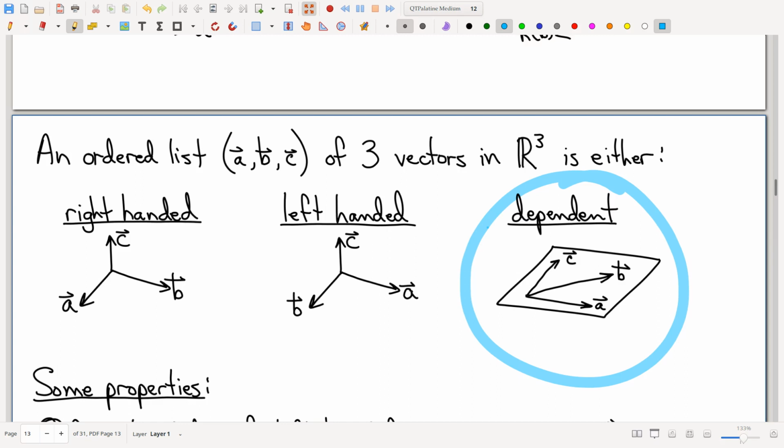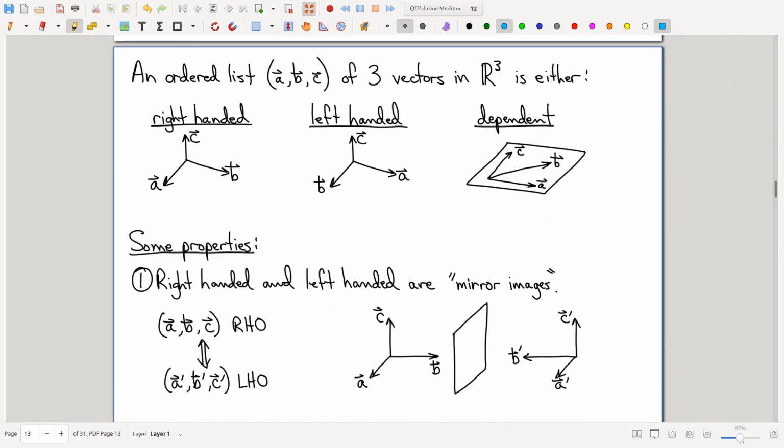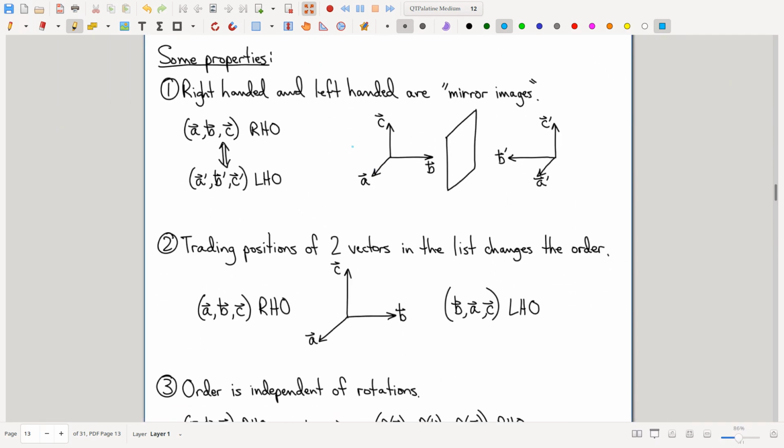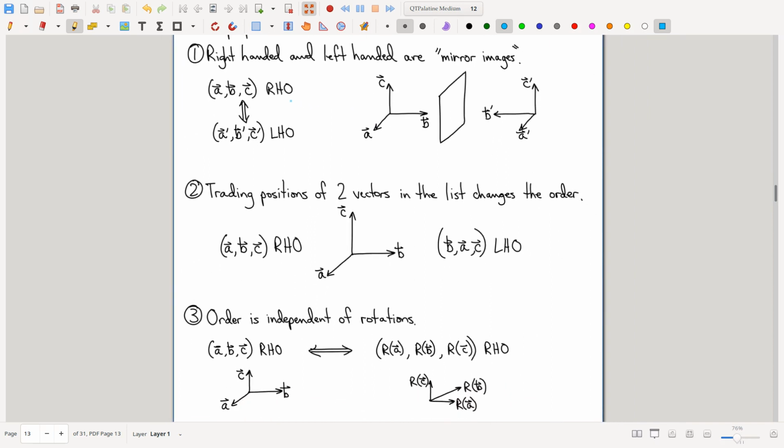Okay, and again, we get all these same properties. Right hands and left hands are mirror images of each other. If you trade the positions of two of the vectors, the geometric order changes.